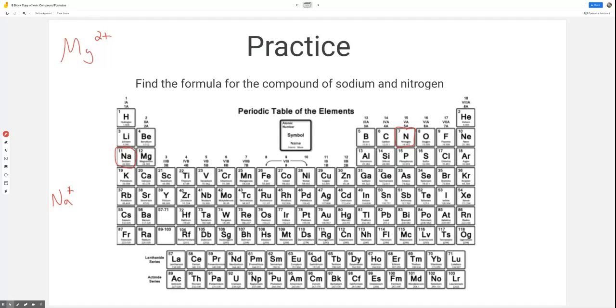So then nitrogen is a -3. It's in group 15, or 3 minus. So when I swap those numbers, I get Na3 and then N1, but I don't include the 1 because in the formula you don't need the 1. And just to show you again another way, if this is a 3, that means 3 sodiums.